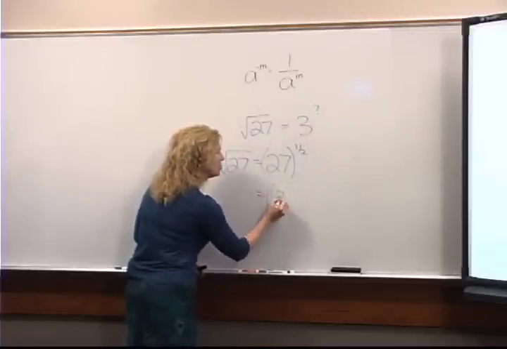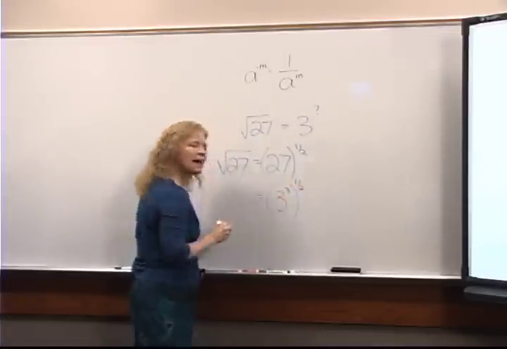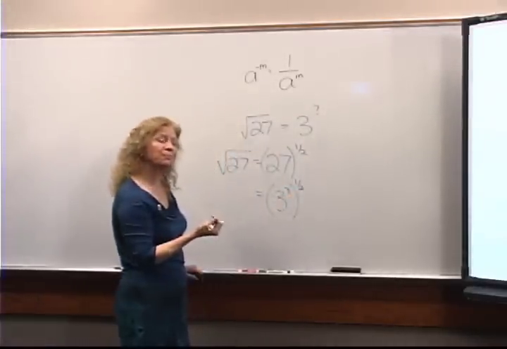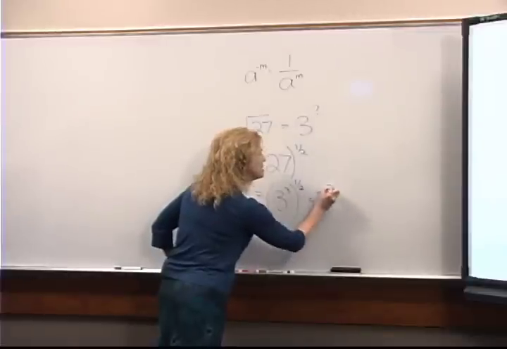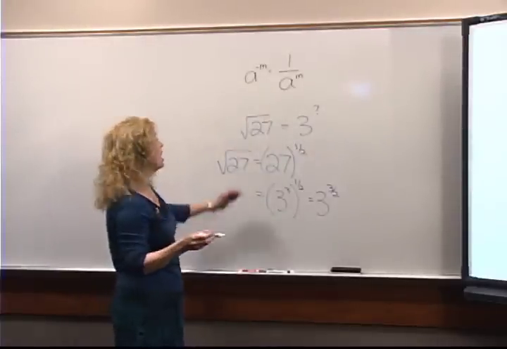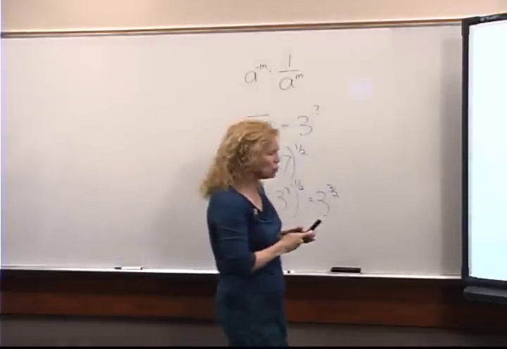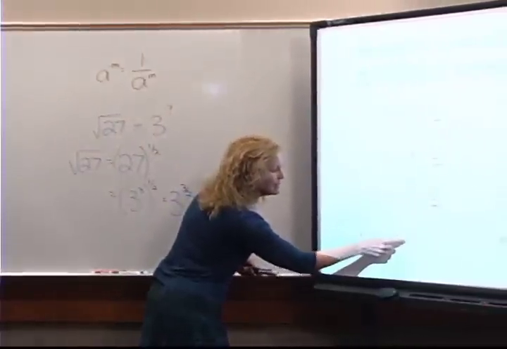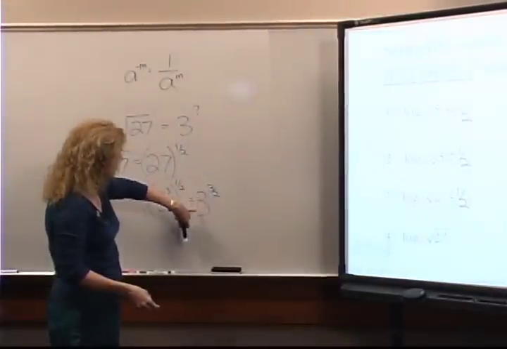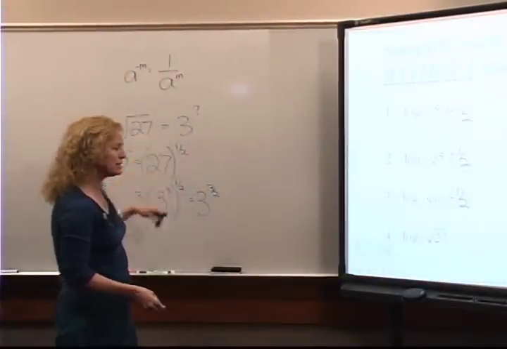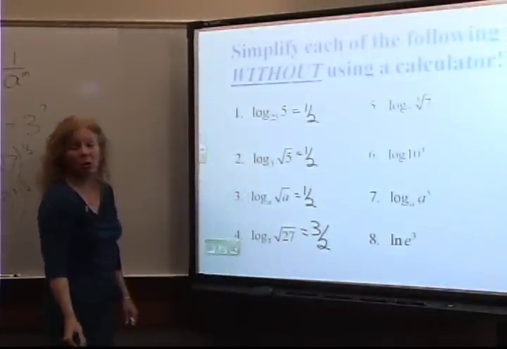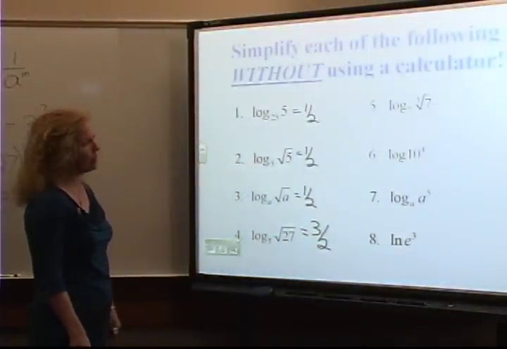That would be 3 to the 3rd raised to the 1/2. And when you raise a power to a power, what do we do? We multiply those exponents. So the question was, to what power do we raise 3 to get this answer? To what power do I raise 3 to get the square root of 27? Well, that would be 3/2, or 1.5. Okay?